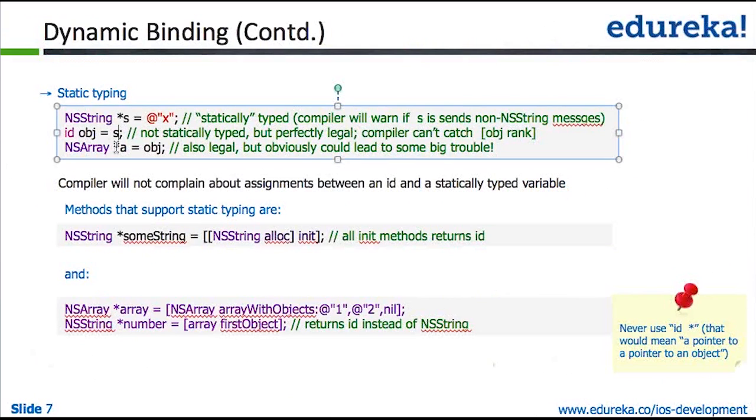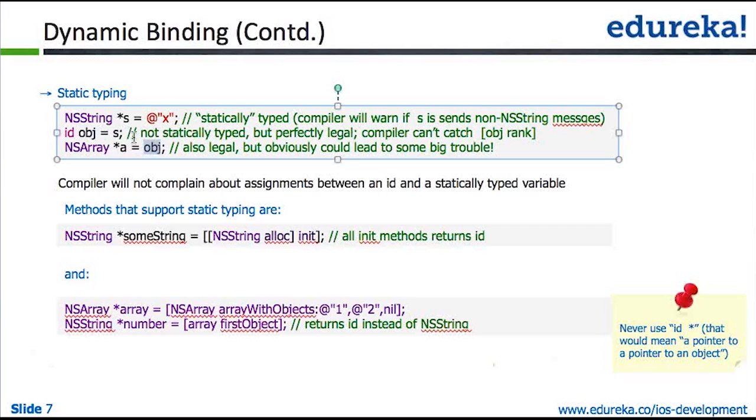So for example, what this person has done is pointed this obj pointer to a string object, but then an NSArray pointer has been assigned this.